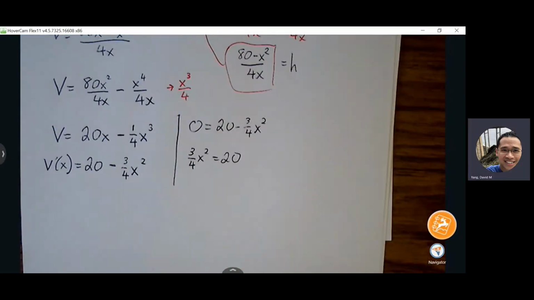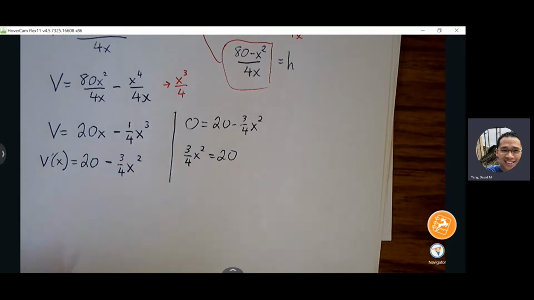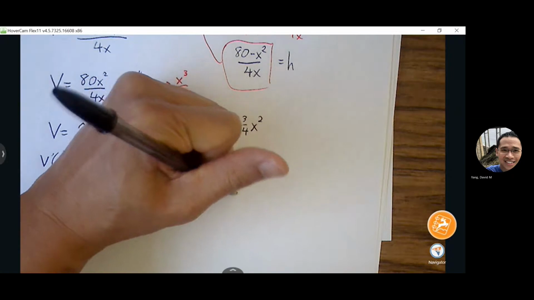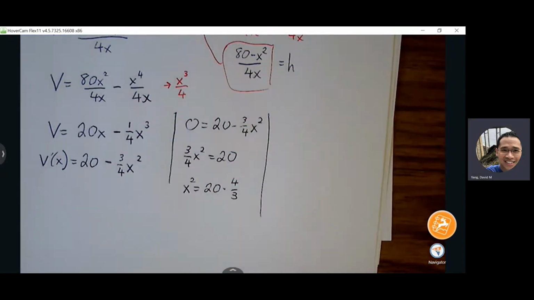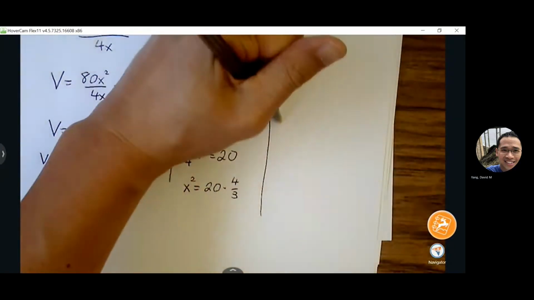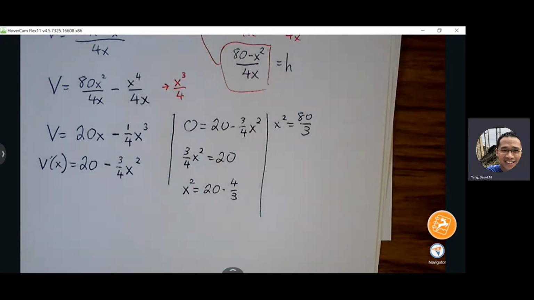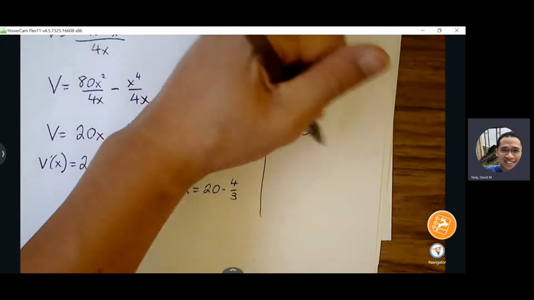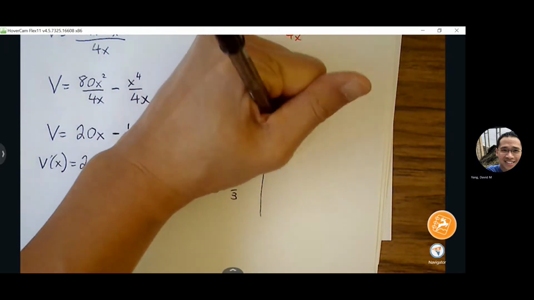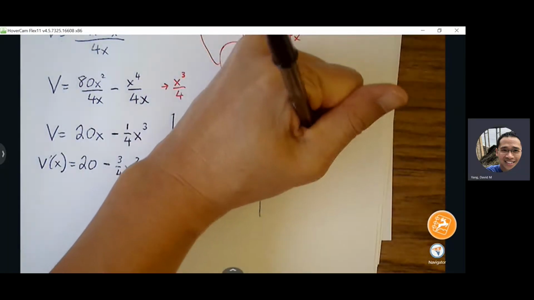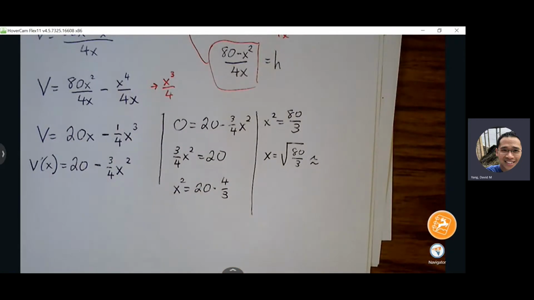Okay, dividing by 3/4 is the same thing as multiplying by its reciprocal. Not going to be a nice whole number, but I get x squared equals 80 over 3. We'll use our calculator to find some approximated value.